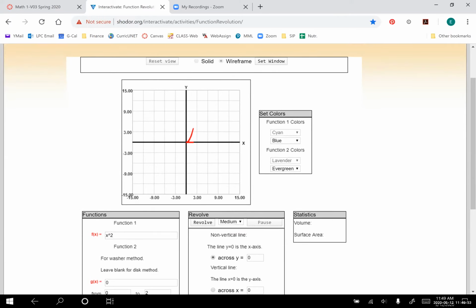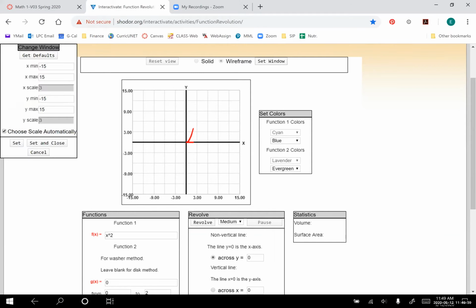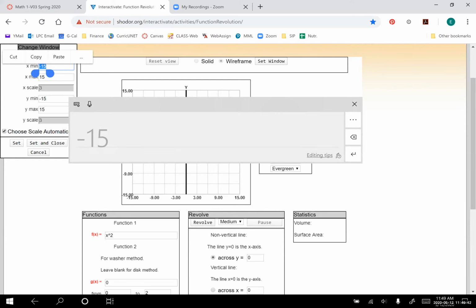It is really tiny looking at that also. So up here there is a set window option where you can change that and zoom in a little bit. So I'm going to take our x value from -1, enter, oops, -1, thank you.